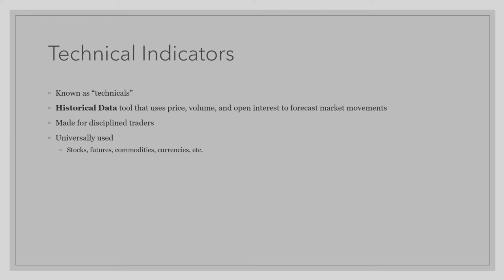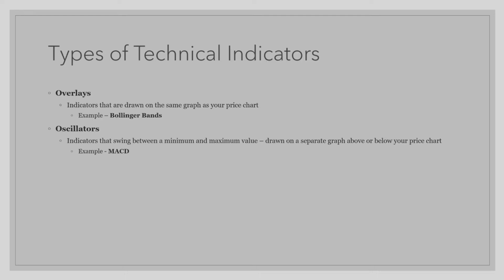Now let's look at the types of technical indicators. There are two main types of technical indicators. The first are known as overlays. These are indicators that are drawn on the same graph as your price chart. For example, Bollinger Bands.